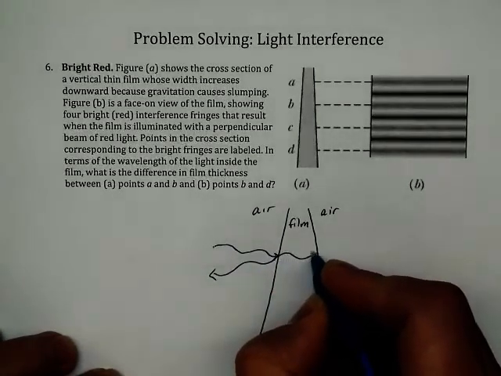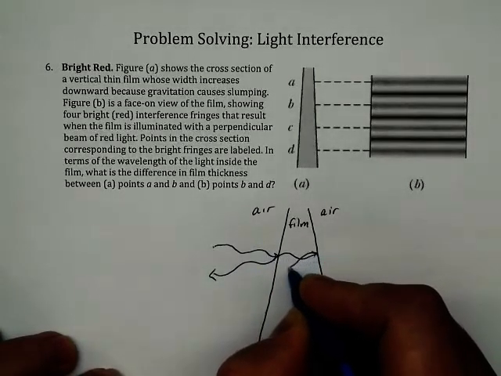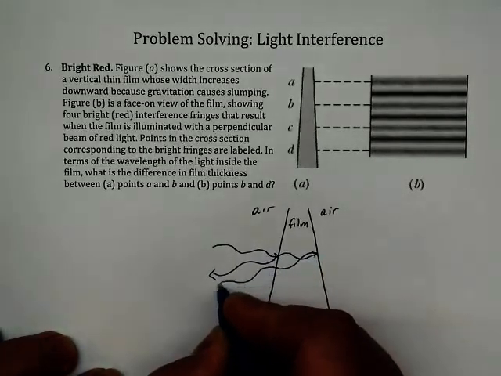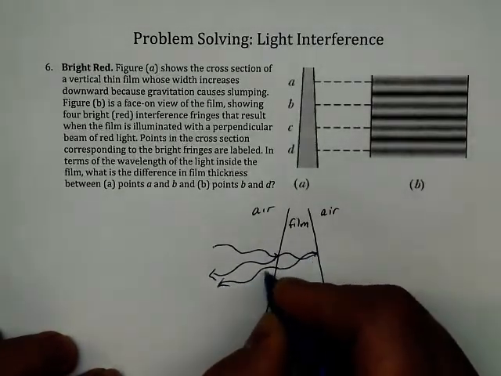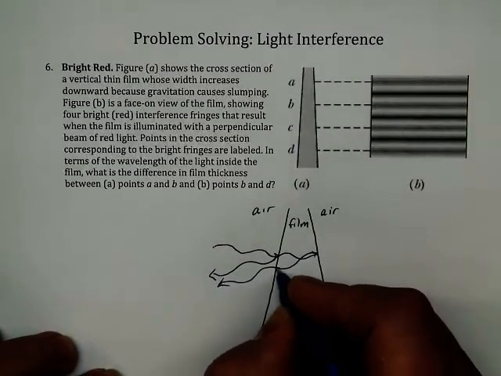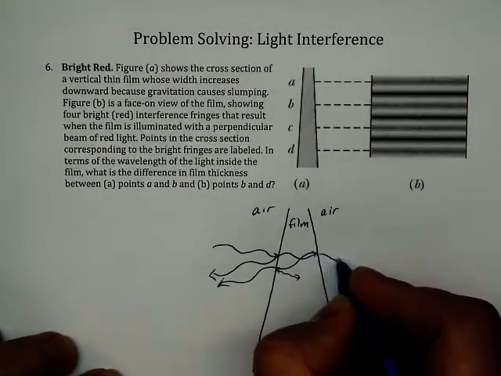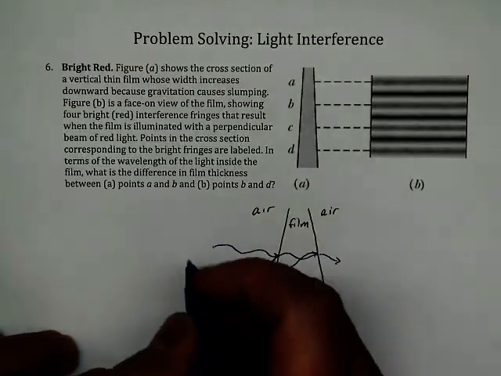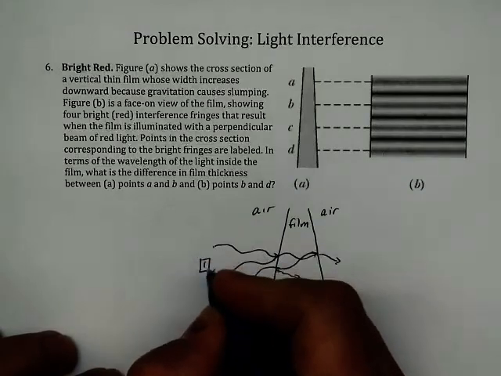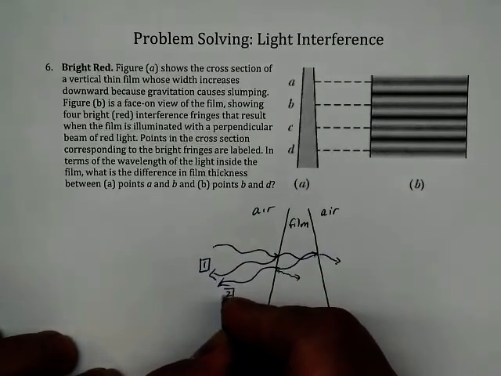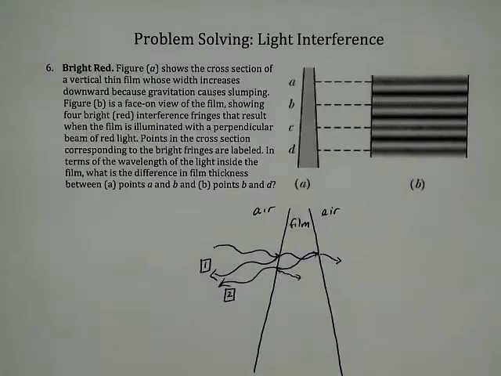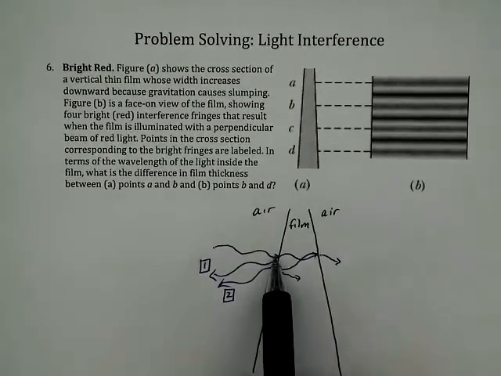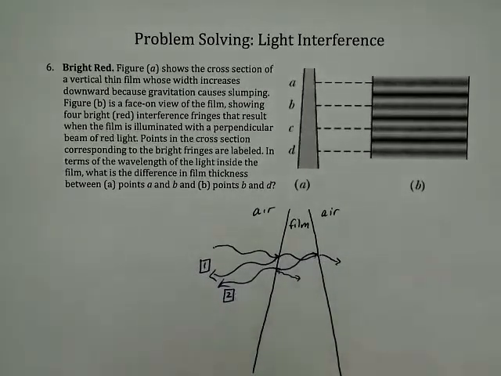Part of it goes through the film, reflects off the other side of the film, and then comes back into the air. There are many more events happening here, but we're ignoring them and just focusing on the first two reflection events. So this is wave portion 1 and wave portion 2, to be consistent with what we've done before. And we are focusing on the path length difference, how much further 2 goes than 1.